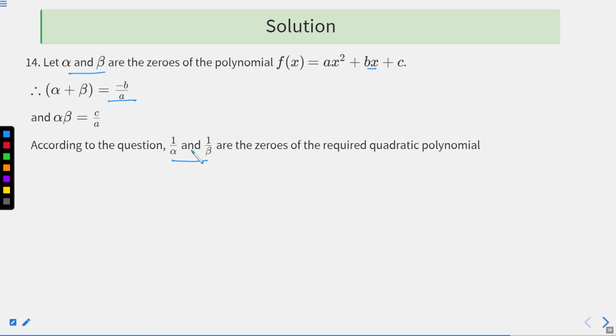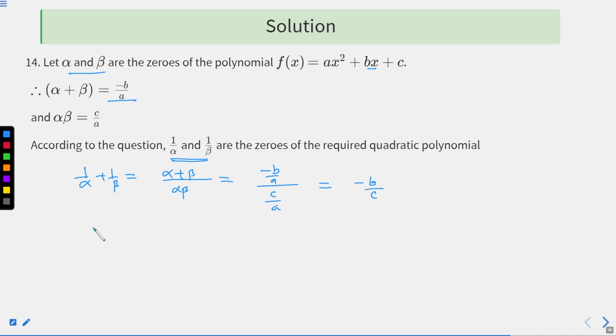According to the question, these are the zeros of the required quadratic polynomial. Now 1 by alpha plus 1 by beta is basically equal to alpha plus beta divided by alpha times beta, and this is equal to minus b upon a divided by c upon a, which is equal to minus b upon c.